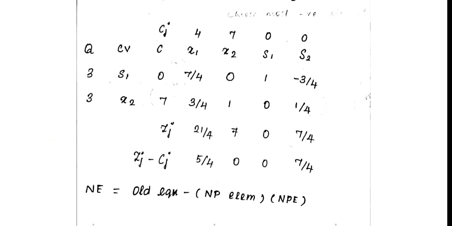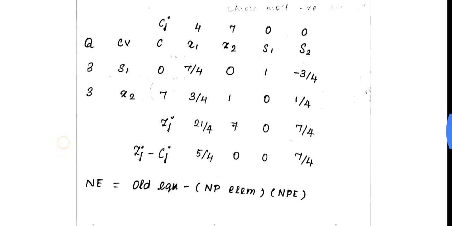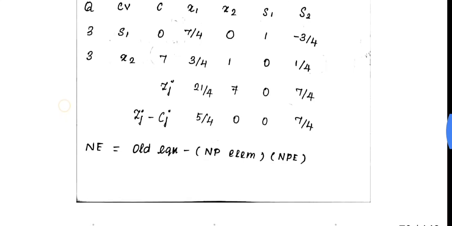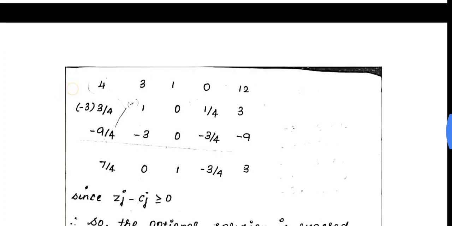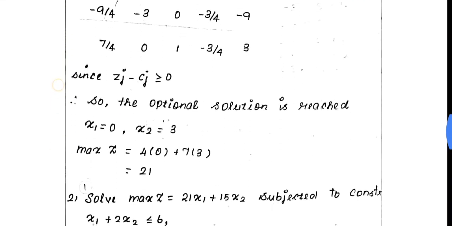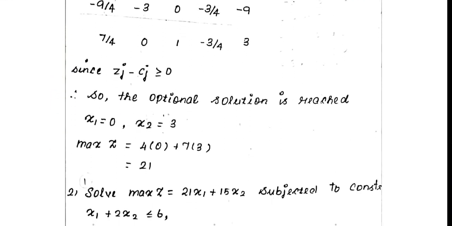We can calculate the new equation as old equation minus new pivot element times new pivot equation. Since Zj minus Cj is greater than or equal to 0, the optimal solution is reached. Therefore, x1 equal to 0, x2 equal to 3. Therefore, maximize z equal to 4 times 0 plus 7 times 3 equal to 21.